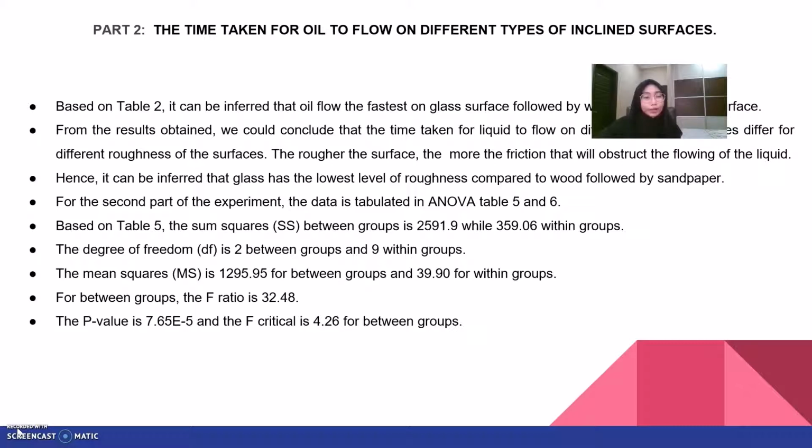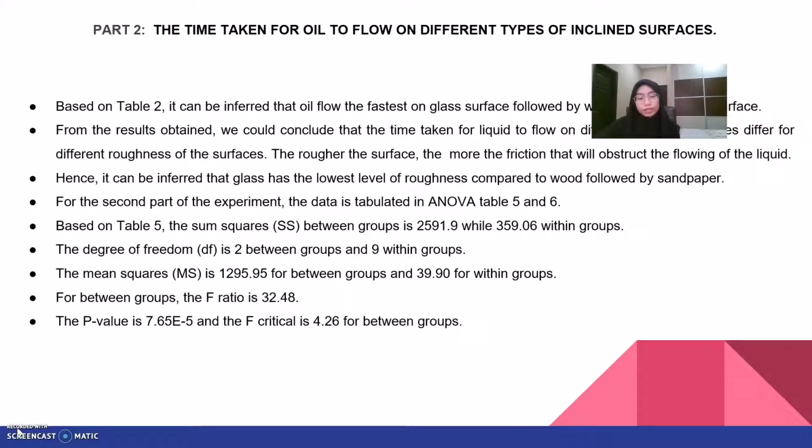For the second part of the experiment, the data is tabulated in ANOVA tables 5 and 6. Based on table 5, the sum of squares, SS, between groups is 2591.9, while for within groups it is 359.06. The degrees of freedom, df, are 2 for between groups and 9 for within groups.